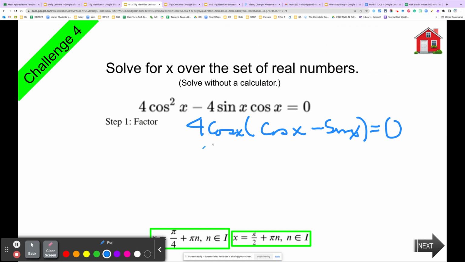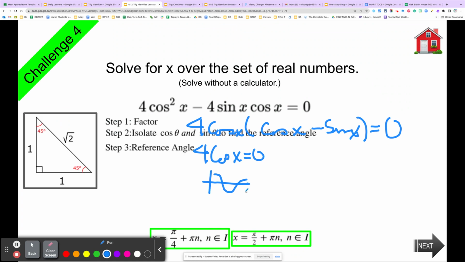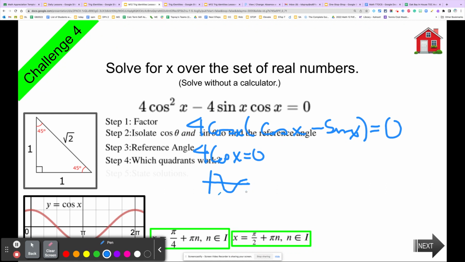And so there are two options here. Either 4 cos x equals 0, and in that case, when does cos x equal 0? Now here's my wave. We can just see that cos x equals 0 at the x-intercepts.